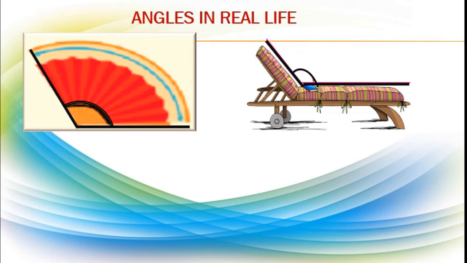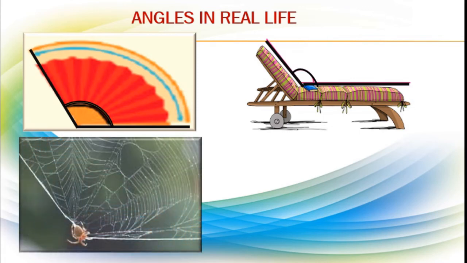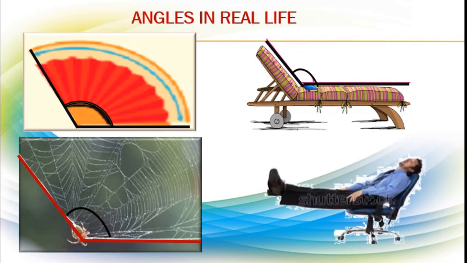This is also larger than 90 degrees. See the spider web. Draw the line. See the angle. Measure it. This is also larger than 90 degrees. A person is resting. Draw the line and see the angle. Measure it. Now it is also more than 90 degrees.